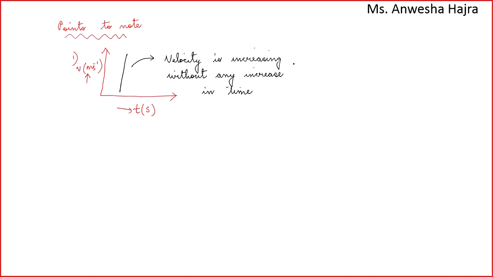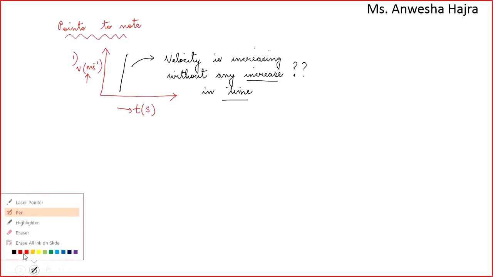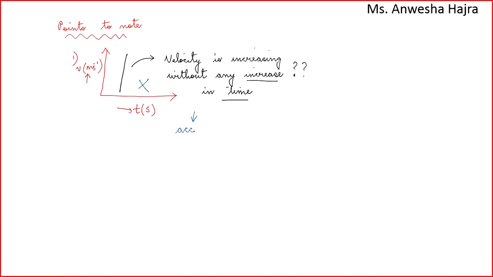How is it possible? The time is not increasing, but velocity is increasing. So this type of graph is wrong. You can never have this type of graph. It means acceleration is infinite, which is impossible. This is not possible at all.